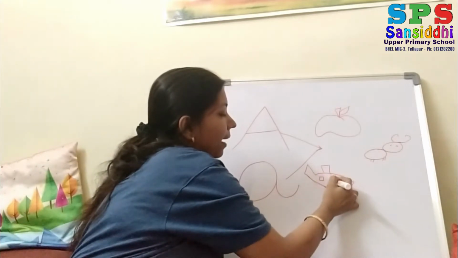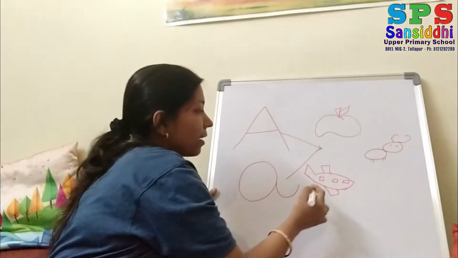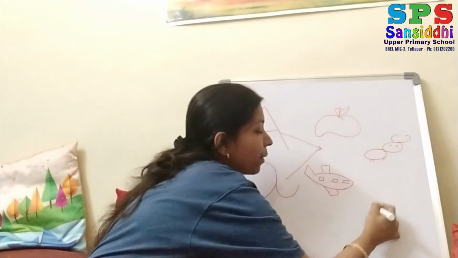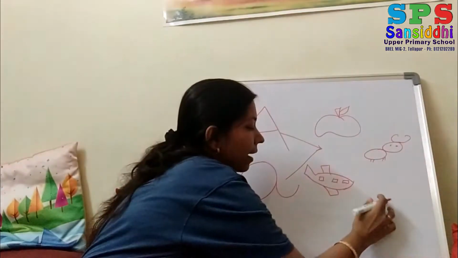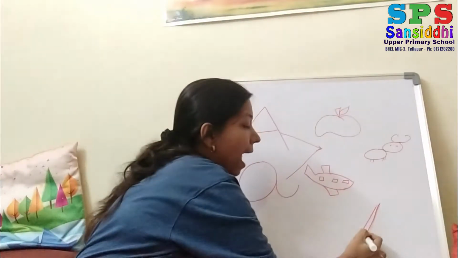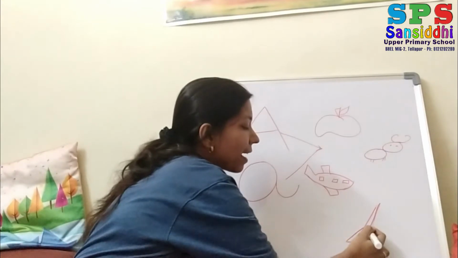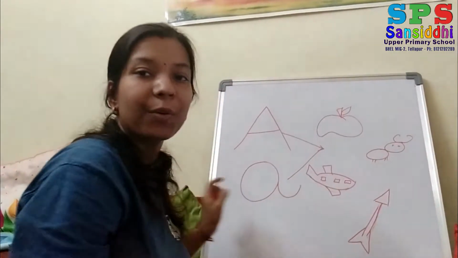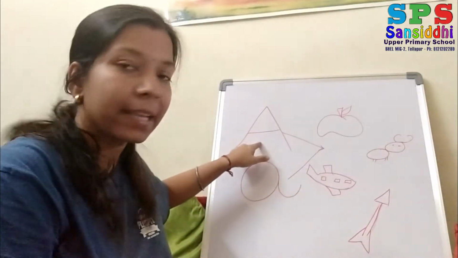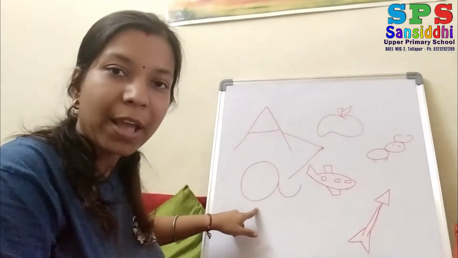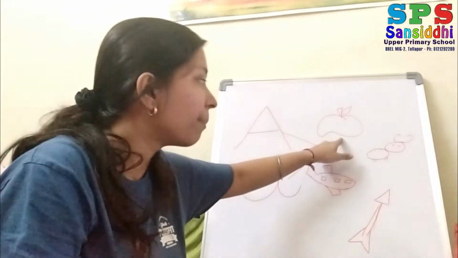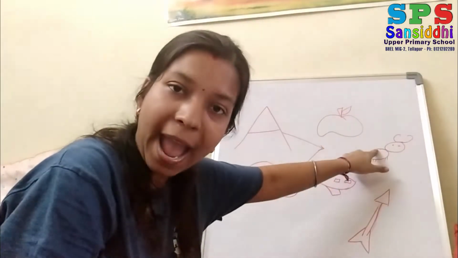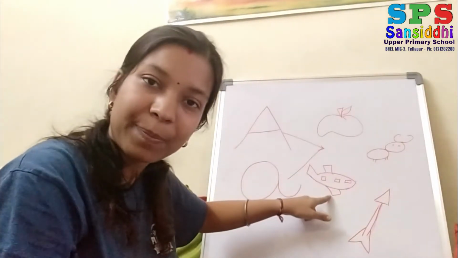Okay. So many things are there, you know. And A for one more thing. A for arrow. Yes, A for arrow. What is it? Arrow. So this is capital A, small a. A for apple, A for ant, A for aeroplane and A for arrow.